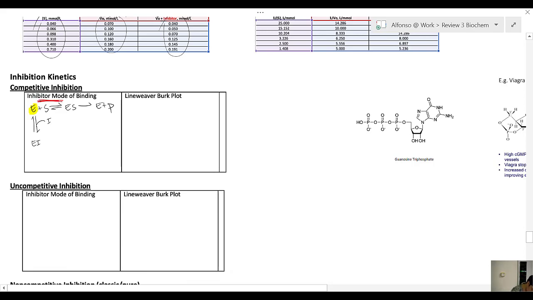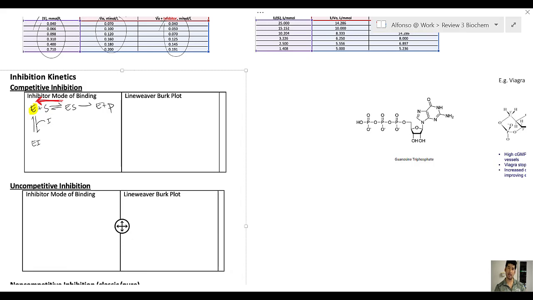So in order to counteract this change, the equilibrium shifts to the left according to Le Chatelier's principle. Because the amount of free enzyme is decreasing, the equilibrium shifts to the left, and this means that ES is unbinding and becoming free enzyme and free substrate.